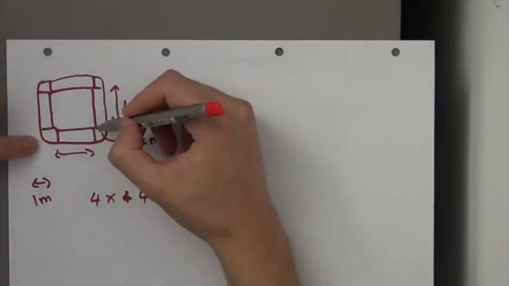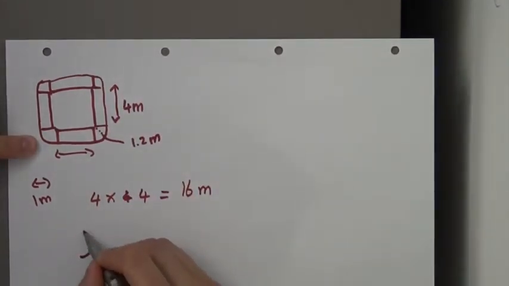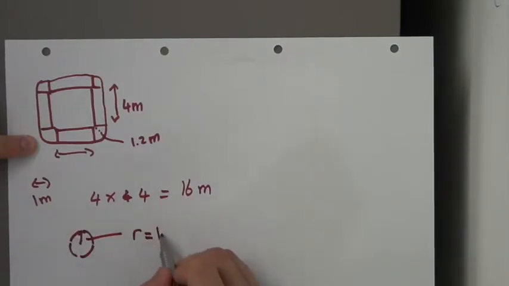Now, each one of these sides is 1.2 meters, and they make up a quarter of a circle. That means the radius is 1.2 meters.